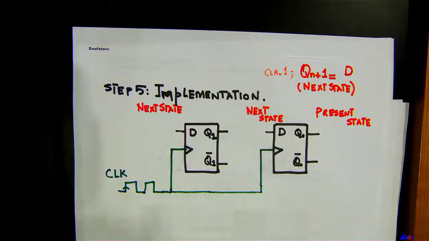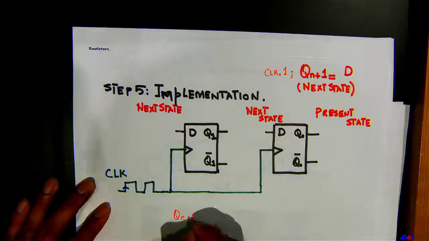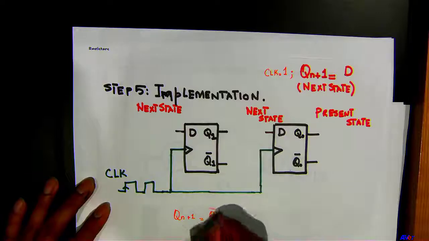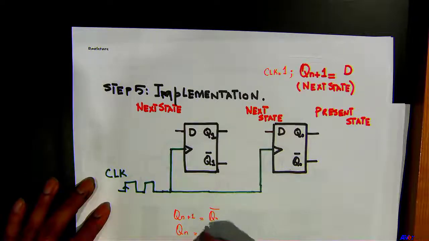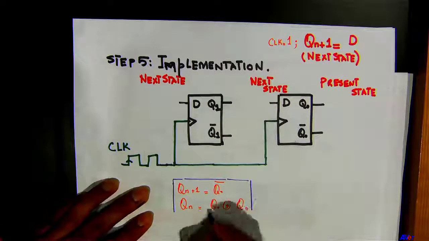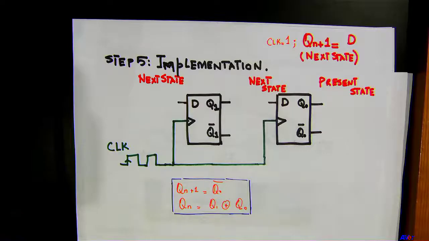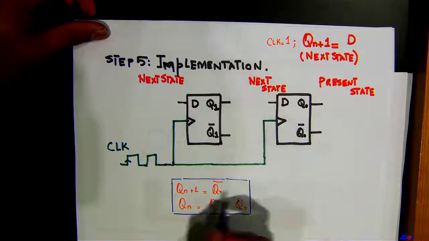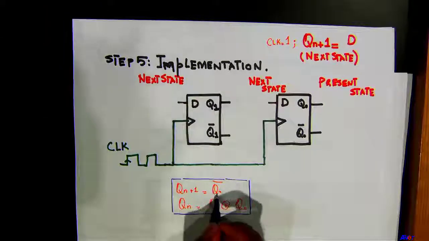I'm also going to rewrite the equations over here. Now, this next term is equal to Q naught.